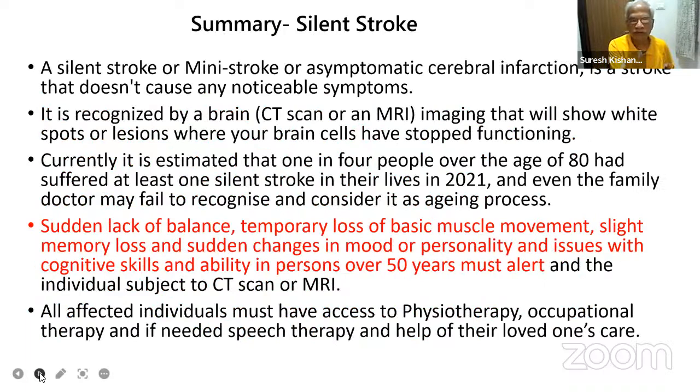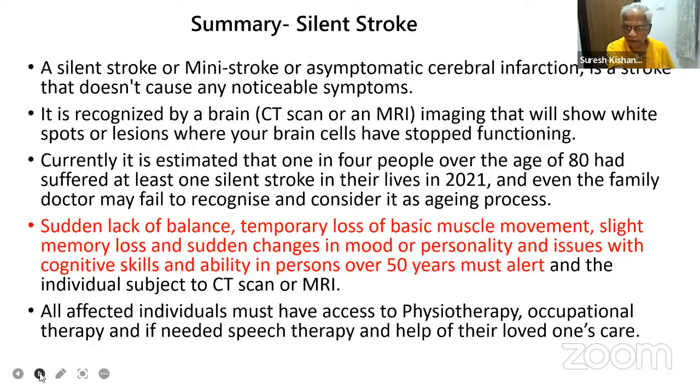Silent stroke can be diagnosed only by CT scan or MRI. Basically, they are asymptomatic. We need to be observant about those 4 or 5 conditions. Therefore, what needs to alert us is sudden lack of balance, temporary loss of basic muscle movements, slight memory loss, sudden changes in mood or personality, and issues with cognitive skill and ability of a person over 50 years.